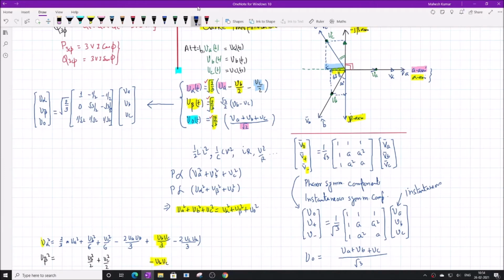You can also express V0 first, just the row will change. If I want to express the V0 first, then we can change the third row into the first row.